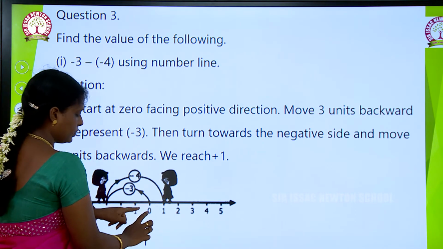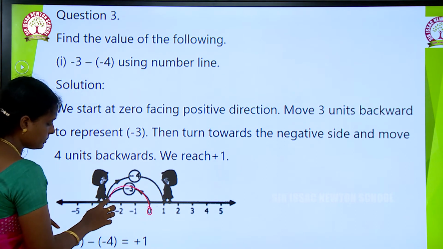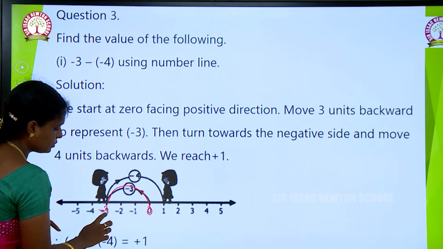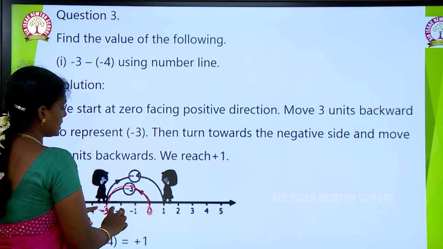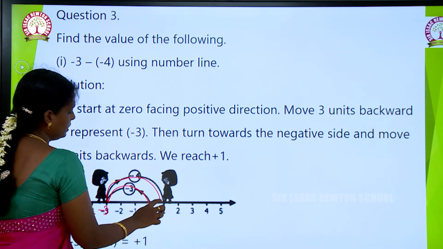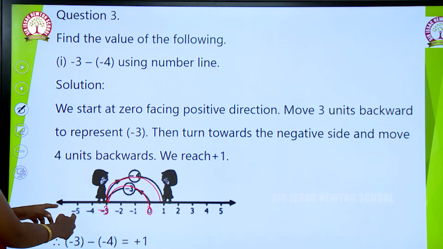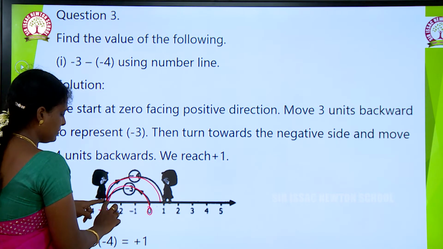So you have jumped 3 steps and come to minus 3. Now you have to jump 4 steps towards your negative side. But you are already on the negative side.